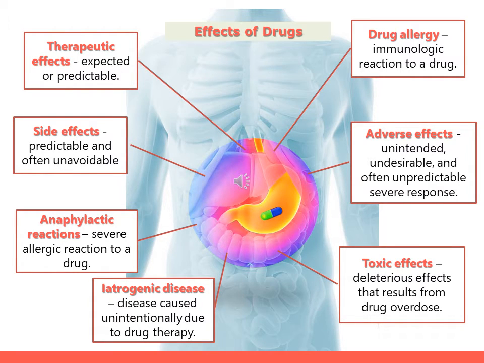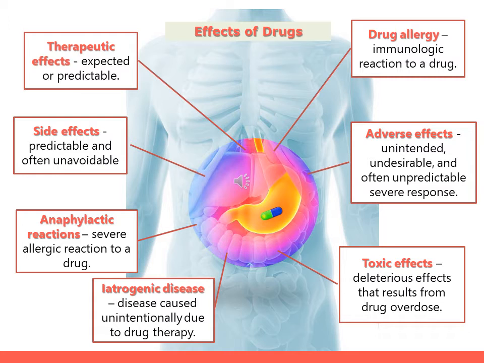When safely giving medication to a patient, it is also essential that you understand the different effects of the medication or the drugs on our body. And one of the most common effects of a drug on our system is the therapeutic effect, or these are expected or predictable effects.